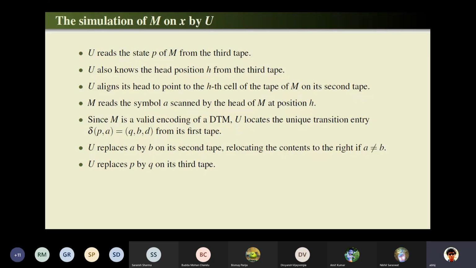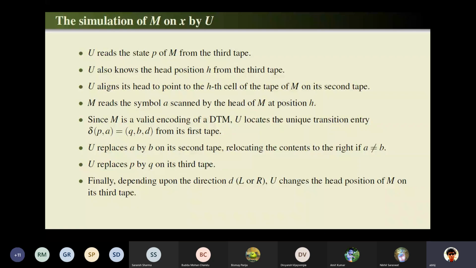And then looking at the direction D, it either increases or decreases the position of the head on the third tape, depending upon the direction, left or right. If you want to keep stationary there, you may keep it. But anyway, you change the head position of M on the third tape.